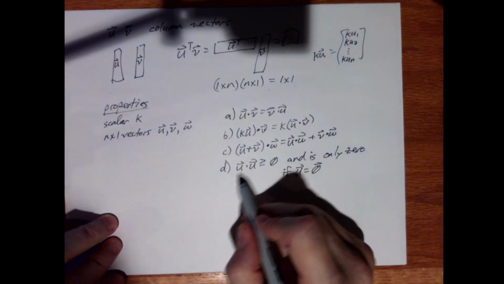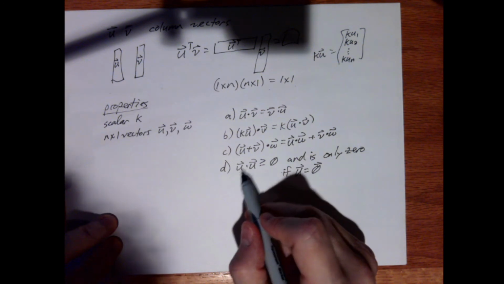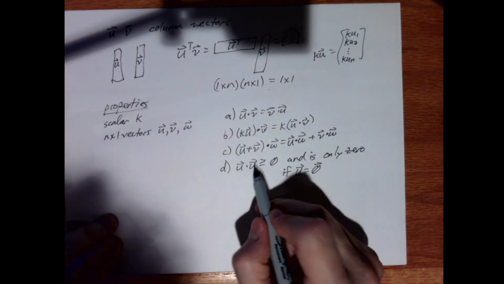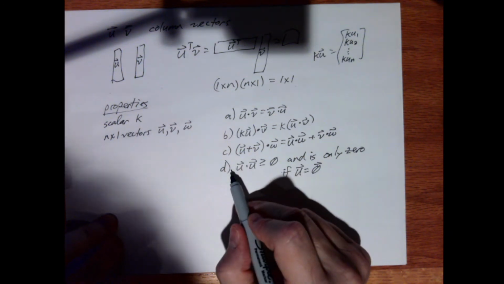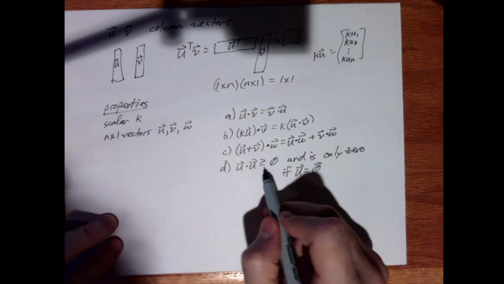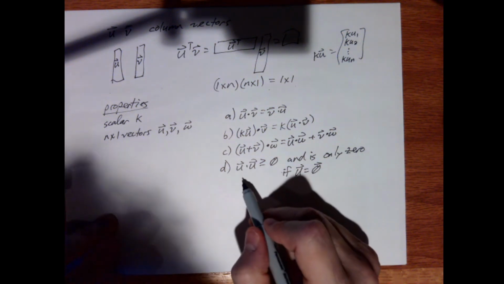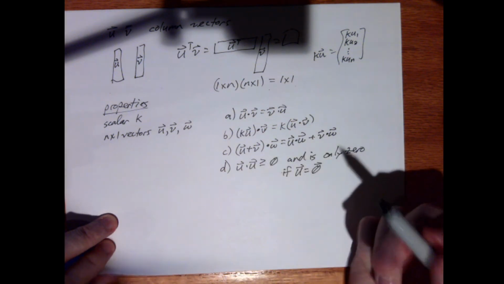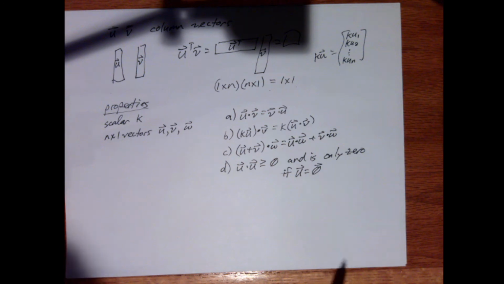Because if the first element of u is positive, then a positive number times a positive number is another positive number. If it's negative, a negative number times a negative number is another positive number. So the only way you can get 0 by multiplying two numbers together is for them to be 0 to begin with, if you're multiplying the same number, that is, squaring the same number. Okay? So those are the rules for dot products.